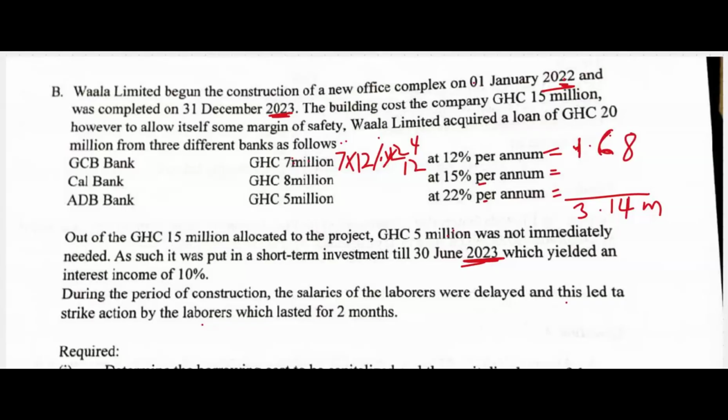Then the next one. Also 24 over 12 because it's for 2 years. 2,400,000. 2.40. Boss, don't bring the million. 2.40. What next?